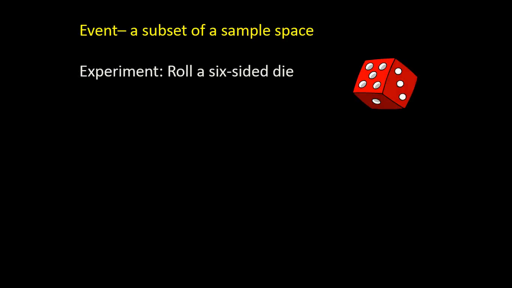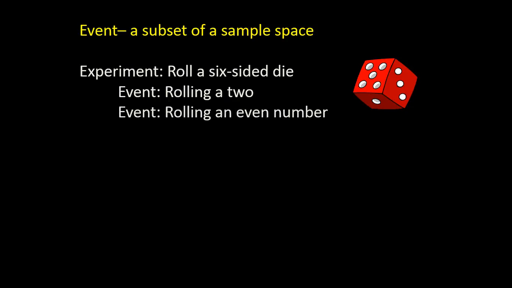An event is a subset of a sample space. So let's say our experiment now is to roll a 6-sided die. We could say that one event could be just rolling a 2 on the die. Or maybe an event could be rolling an even number on the die.